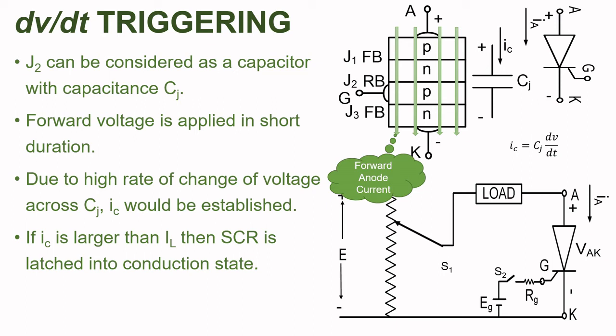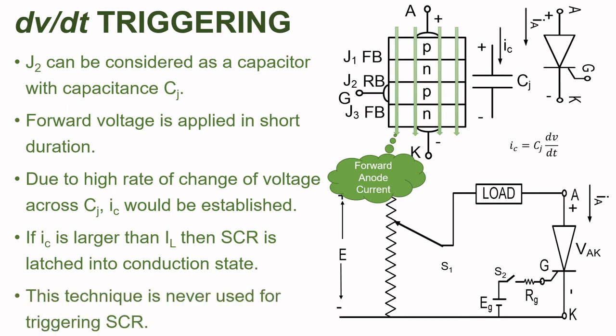This type of triggering is known as dV by dt triggering of SCR. As a matter of fact, this technique is never used for triggering the SCR. In fact, we provide protection to the SCR against high rates of change of voltage.